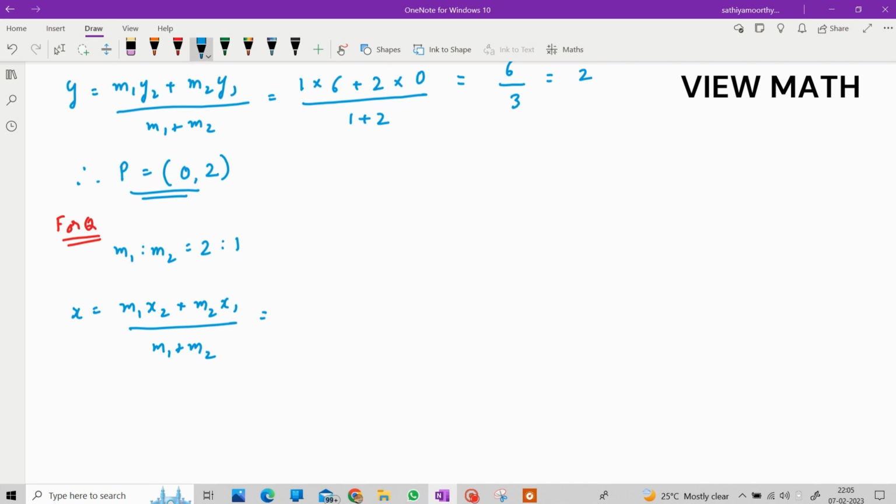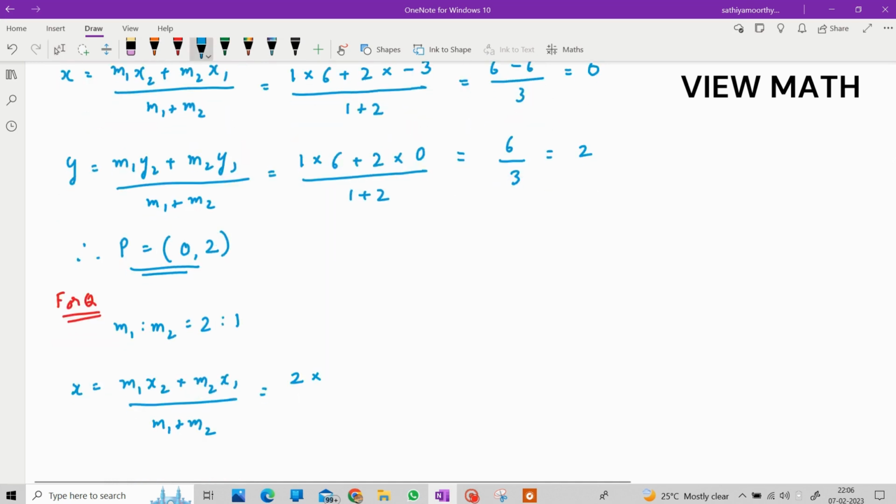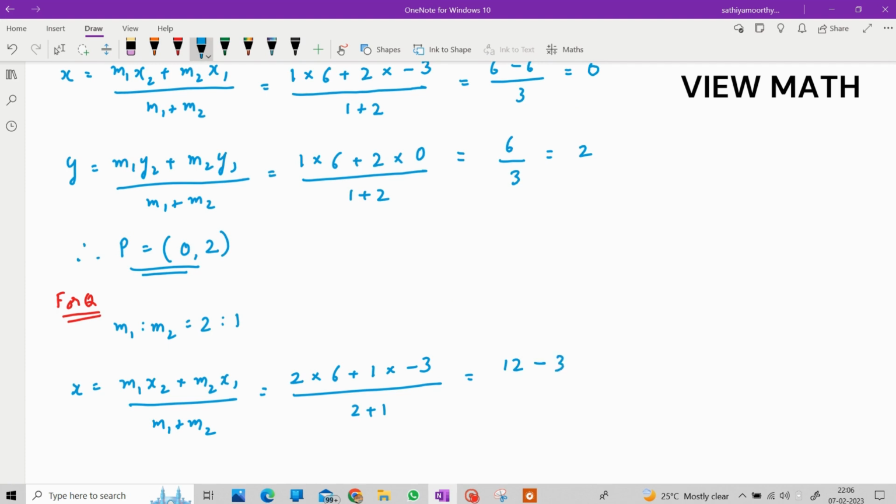For Q, m1 is 2 into x2. Now you can see x2 is 6 and x1 is -3. So x2 is 6 plus m2 is 1 into -3, divided by m1 plus m2, 2 plus 1. So let me simplify this. 2 into 6 is 12 minus 3 into 1 is minus 3, divided by 3. This is equal to 9 by 3, which is equal to 3.